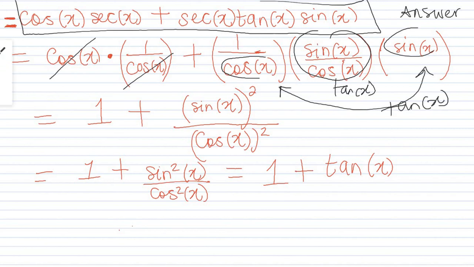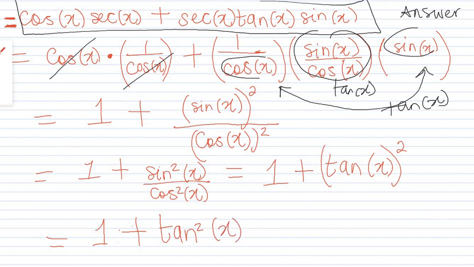You could have done it that way, but I just did it this way. So plus tan x squared. That's because sine x over cosine x is tan x, but they both have squared. So our clean-up version, our answer, will be 1 plus tan squared x.